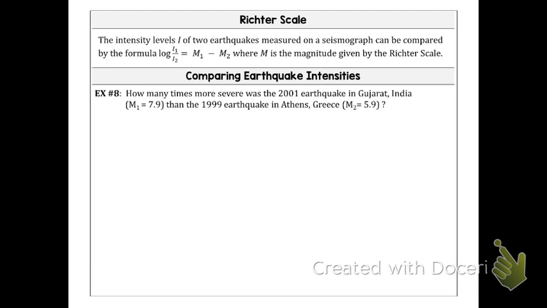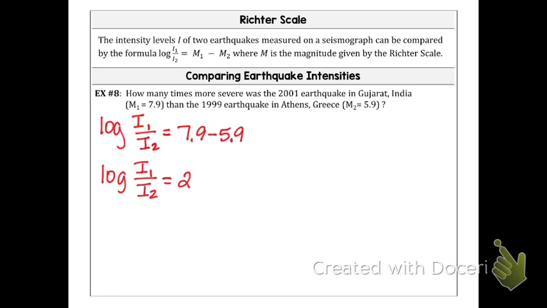So it did just tell us that log of I1 over I2 is equal to magnitude 1, which is 7.9, minus magnitude 2, which is 5.9. And then we can solve for the I's, because we know this is a log form. It's no base written, so we know it's log base 10. Log base b of x, so our x is the intensities, and y is 2.